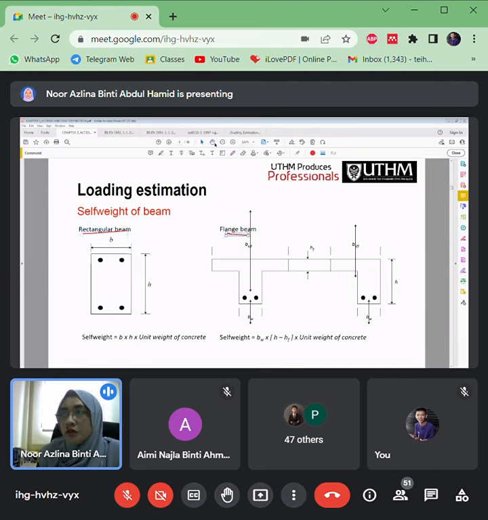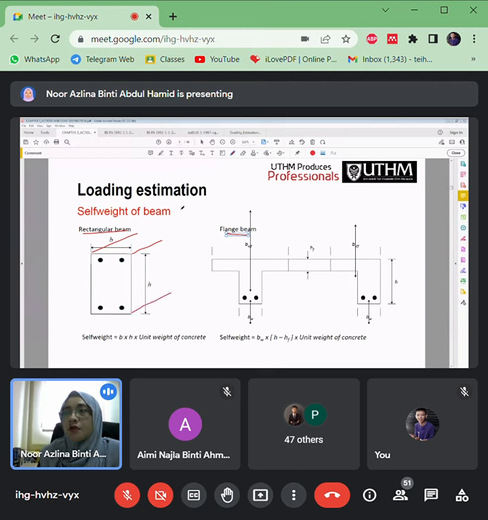A beam is considered a rectangle beam once it is not cast together with the slab. That means this beam just carries its own load, not any load from the slab.